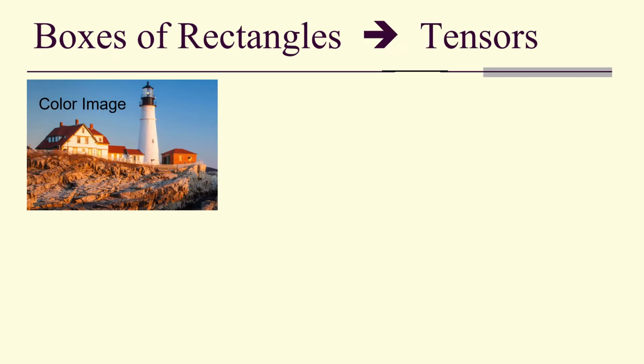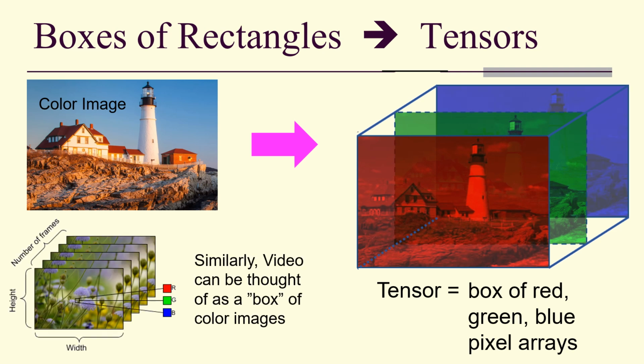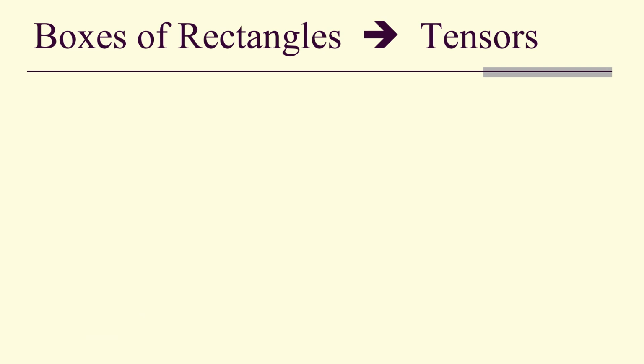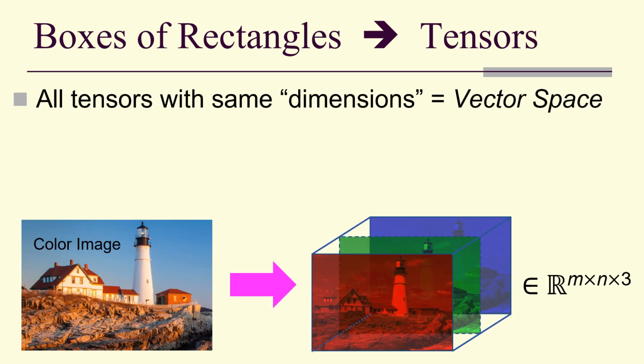You also will see a box of rectangles when you look at a color image, because a color image is actually a box of red, green, and blue pixel arrays. This is a tensor. Video can be thought of as a box of color images. So all tensors with the same dimensions also form a vector space.